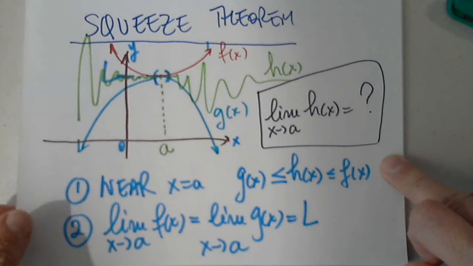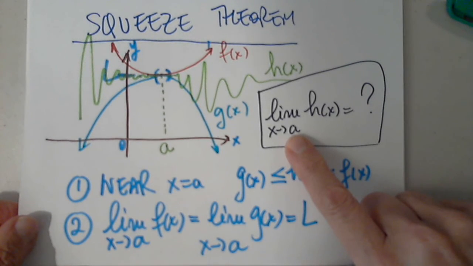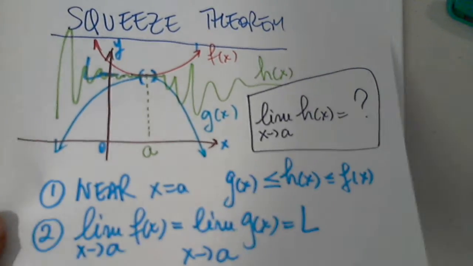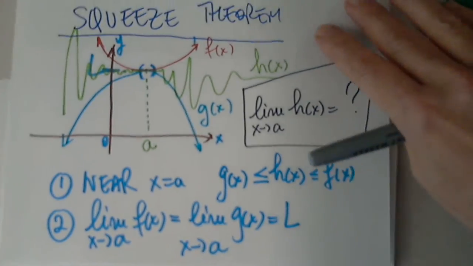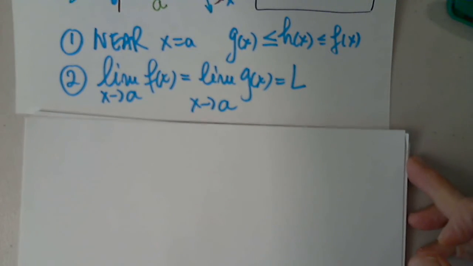That h of x must be equal to g of x and f of x. We're talking about the limit. The limits of them are all the same. The limit of h of x is also L. That's it. That's the squeeze theorem. But we have to make sure that both conditions are fulfilled.